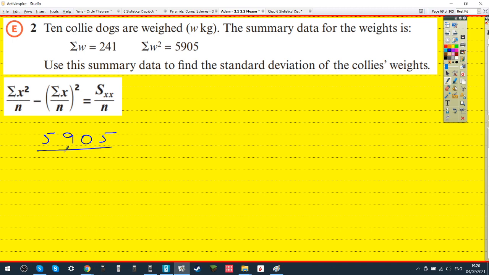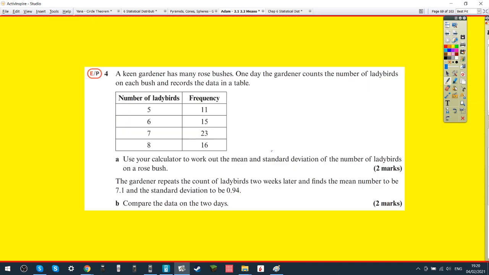What's n? Wait, do we know what n is? It's in the question. Oh, 10. Minus brackets 241 over 10, and then the whole bracket squared equals. Put it in the calculator, get the answer, write it down.